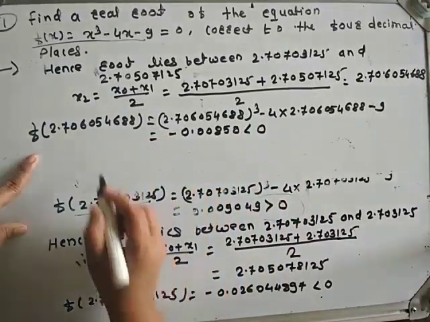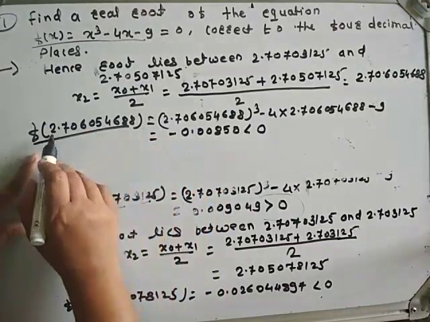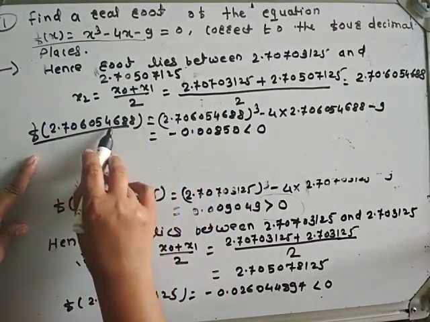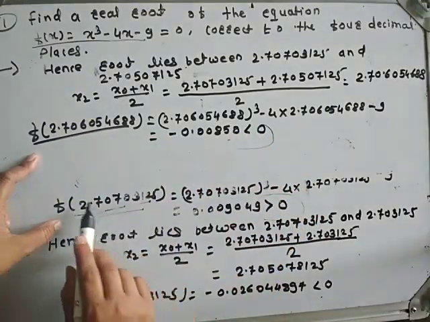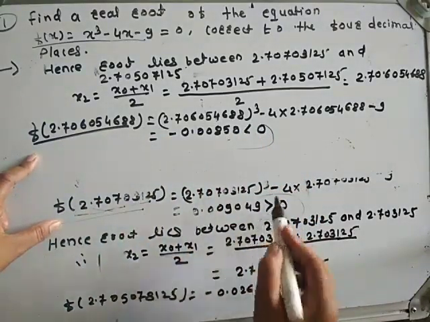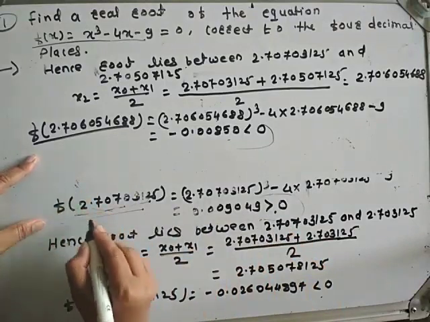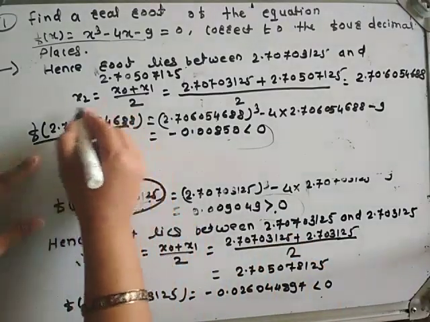See here, f of 2.70605468 is negative and f at this point is positive. Therefore, the root lies between these two numbers.